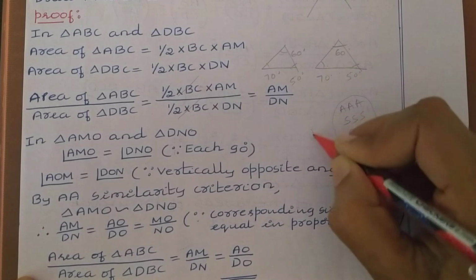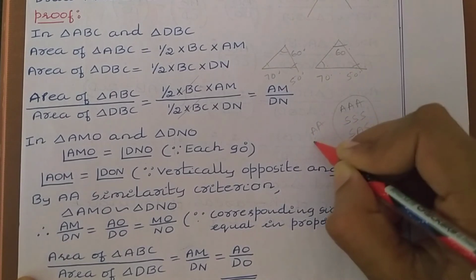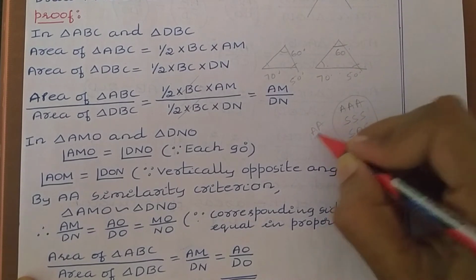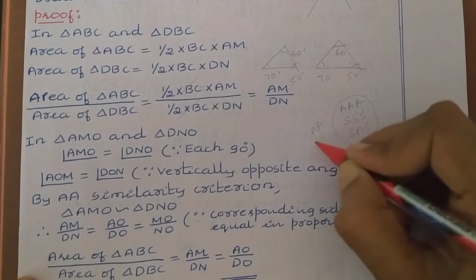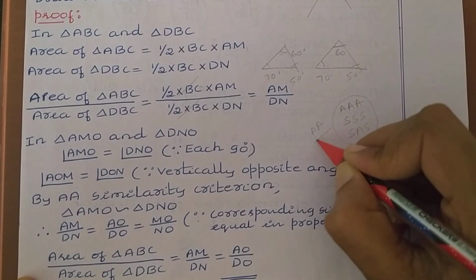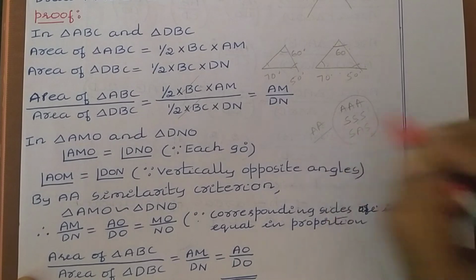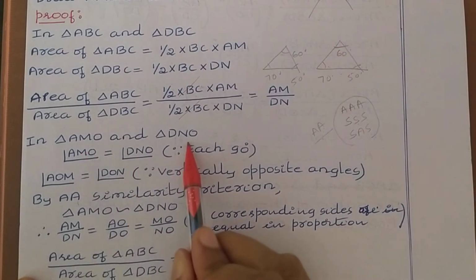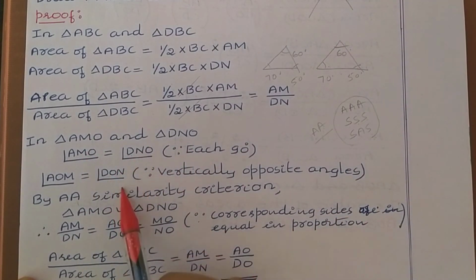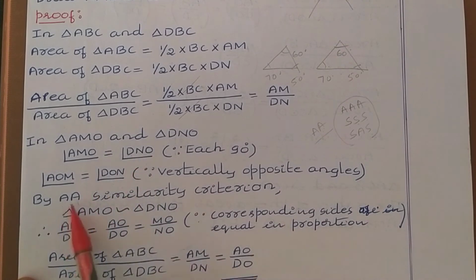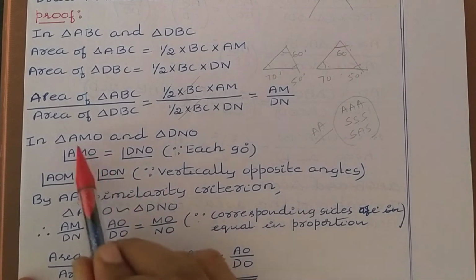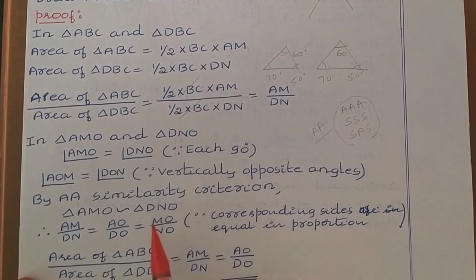Along with this, you can add one more criterion, that is the AA similarity criterion. In this case, we are going to show only two equal angles. So in these two triangles, we have shown these two angles are equal. So by the AA similarity criterion of triangles, now we can say these two triangles are similar.